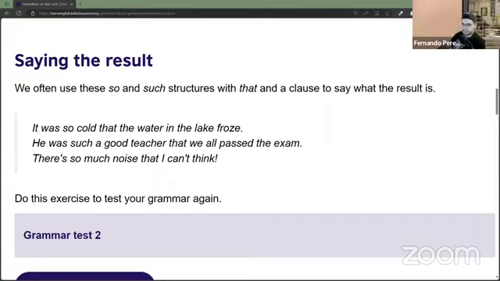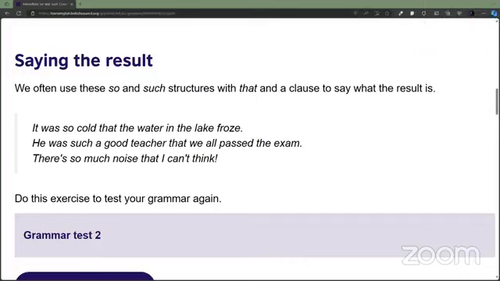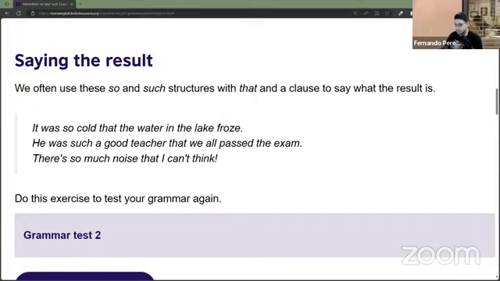And that's it. So the expression that you have after that is a consequence or a result of something that was so good or so special or so nice or so, etc.